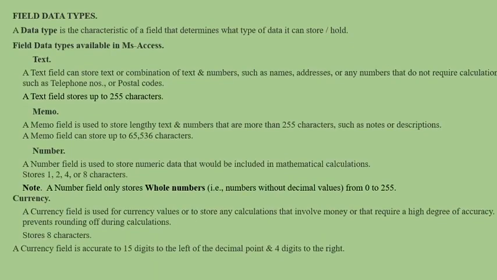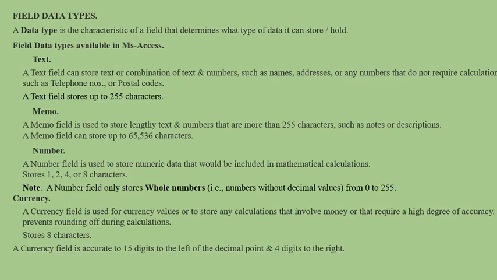Then let's look at field data types. A data type is the characteristic of a field that determines what type of data it can store or hold. Field data types available in Microsoft Access usually start with text. Text are labels. This will allow you to enter a combination of text and numbers, for example, postal codes and number plates.